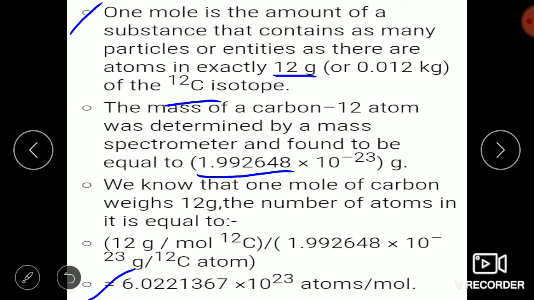The number of atoms in it is found by dividing this 12 gram by the mass of one carbon atom, and we get the value 6.022 into 10 to the power 23 atoms per mole. That means in 1 mole we have this many atoms, 6.022 into 10 to the power 23, and this number is known as Avogadro's number. It got a special name because it is the same for all other atoms. As we have learned here, 1 mole is equal to this many atoms. So this got a specific name, that is Avogadro's constant or Avogadro's number.